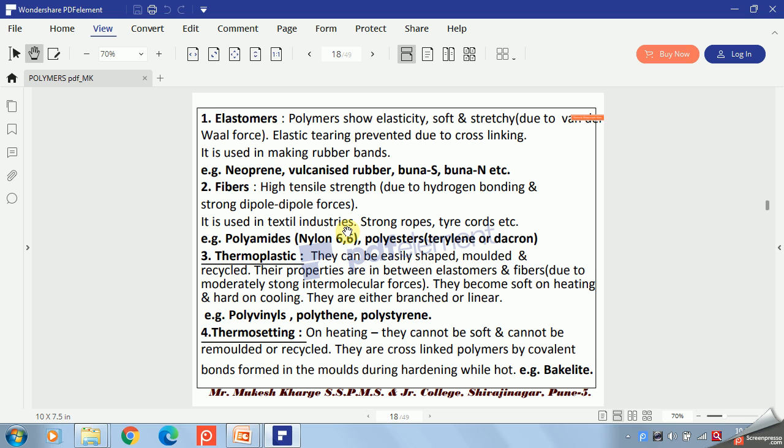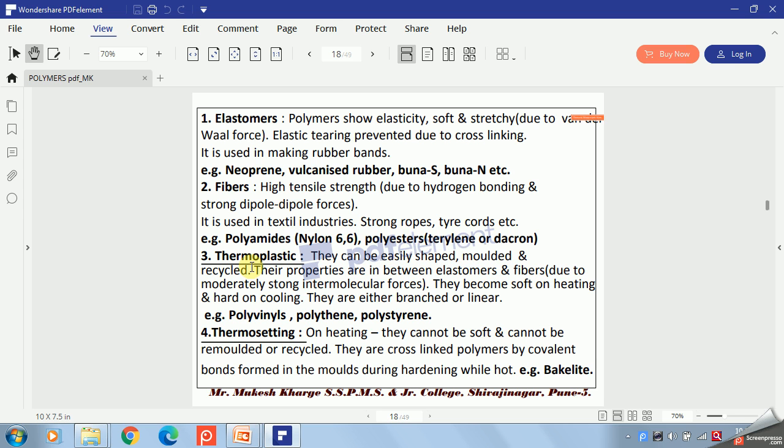It is also used to prepare strong ropes, tire cords, etc. For example, the polyamide nylon 66 is used to prepare strong ropes and tire cords, while the polyester terylene or dacron is used to prepare clothes in the textile industry.